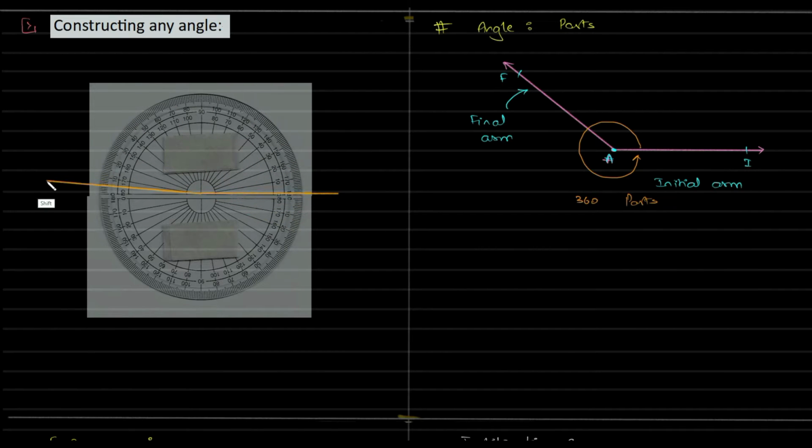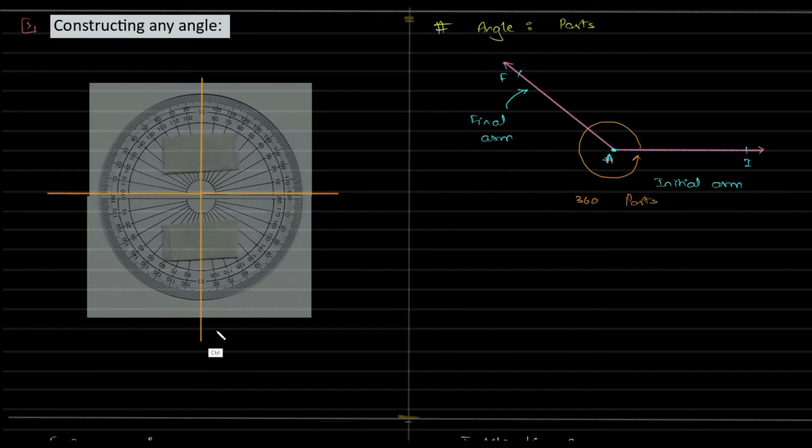Half a rotation is over here. So if I want it with a protractor, I just have to look at 180 and draw a straight line. If I draw a straight line, it's 180. If I want 90 degrees, then from the vertex, I just have to do this. As simple as that. 270 will be over here. So that's how a protractor is used.